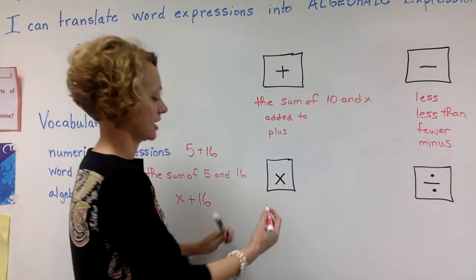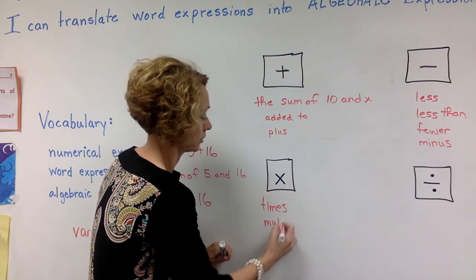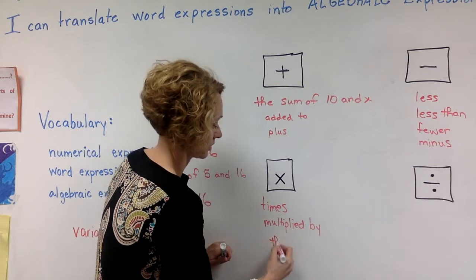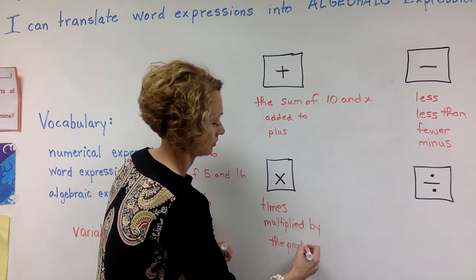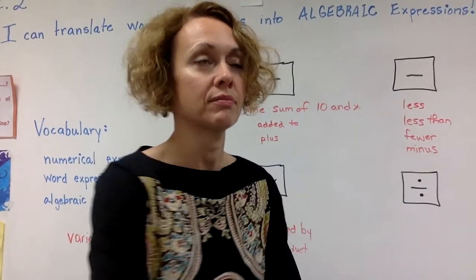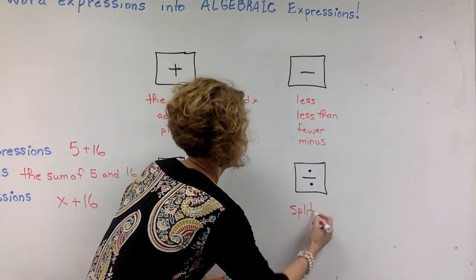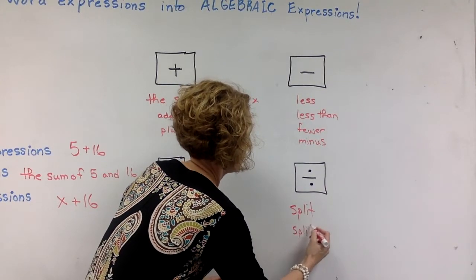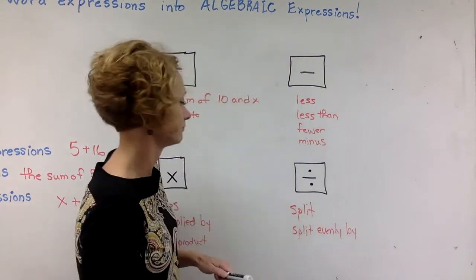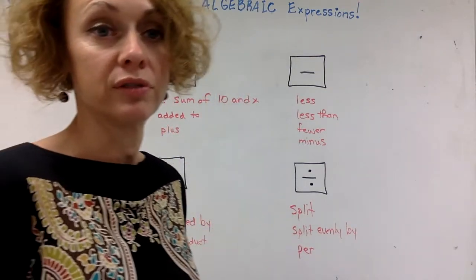Multiplication, words that go along with that might be times, multiplied by, the product of. I bet you know a lot more. Division words might be something like split or split evenly by, per, and I bet that you know a lot more for division also.